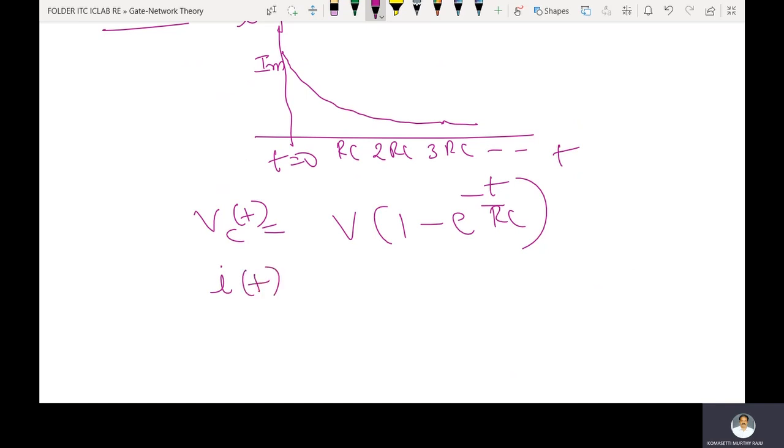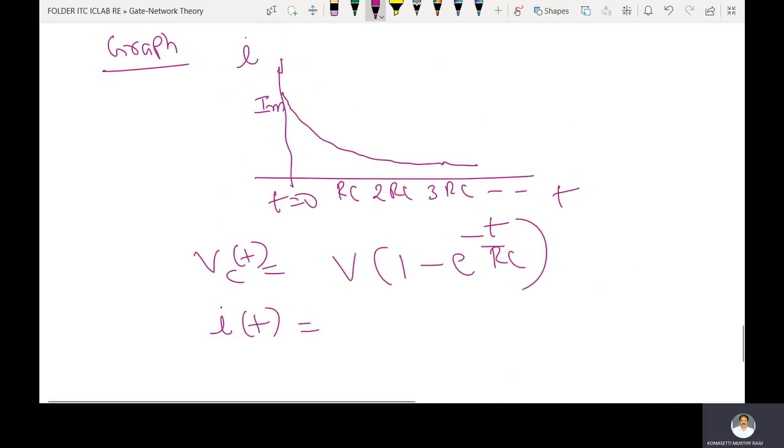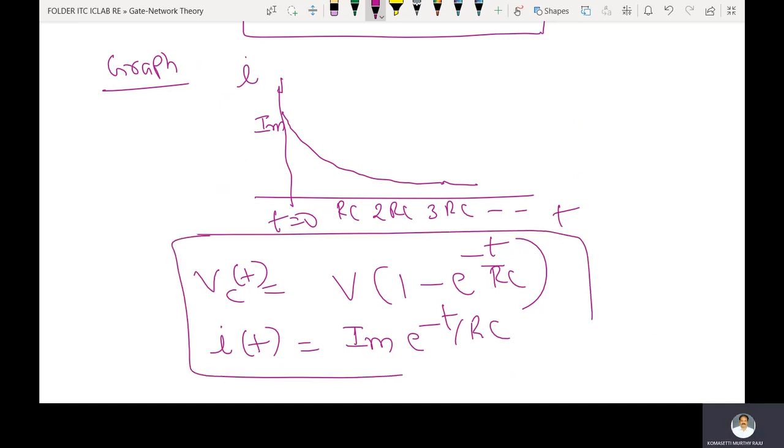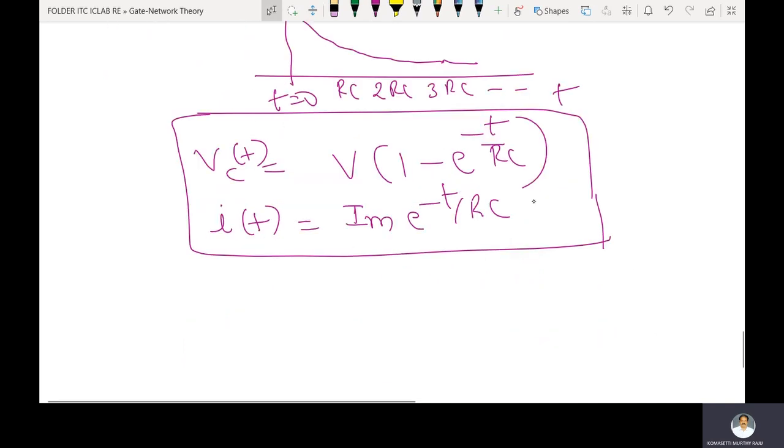The instantaneous current i of t is equal to Im into e power minus t by RC. These are the two very important equations, very useful in GATE and network analysis concepts related to the charging of the capacitor.